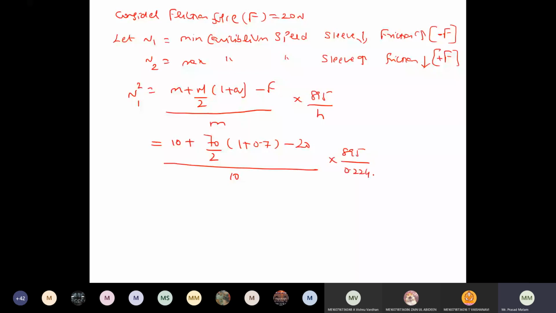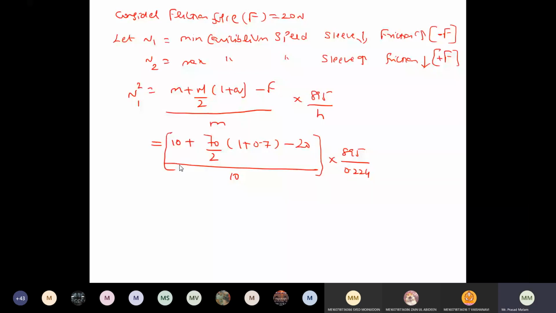Now solve it. So 140, sir. Okay, let us keep it as 140.